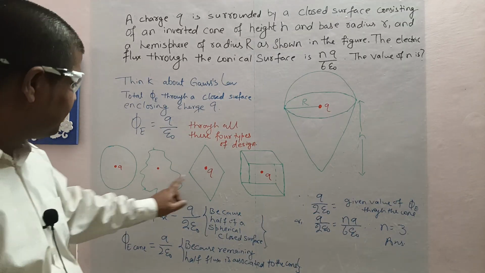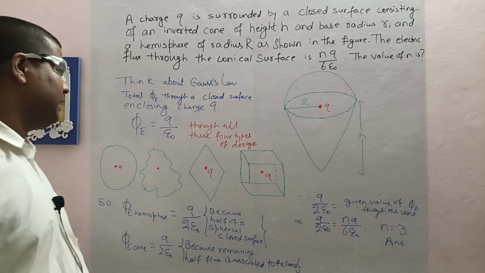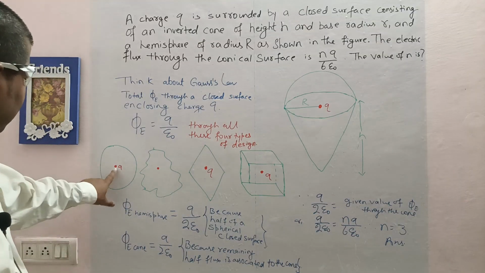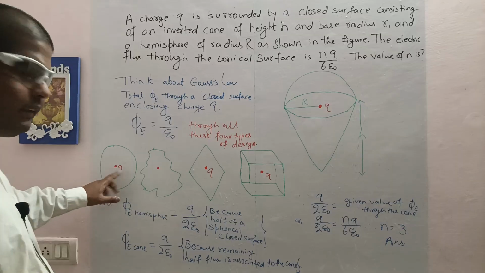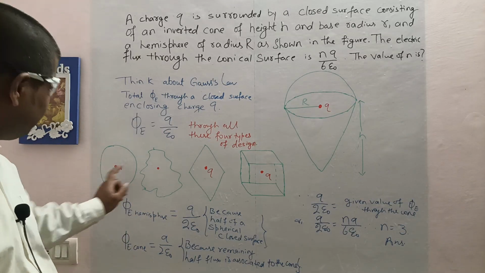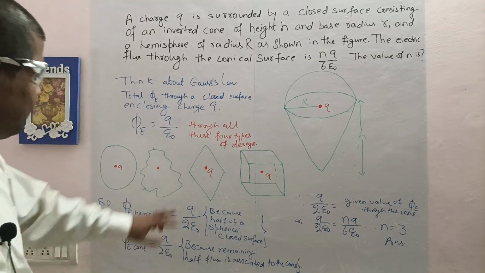I have taken four examples here to teach you how Gauss law works, how Gauss law helps us to solve this question easily. Here the charge is enclosed by a spherical closed surface. The same charge is enclosed by a random closed surface, no specific shape and size.